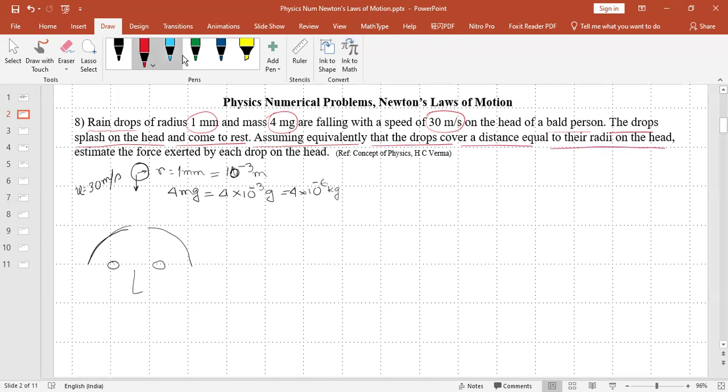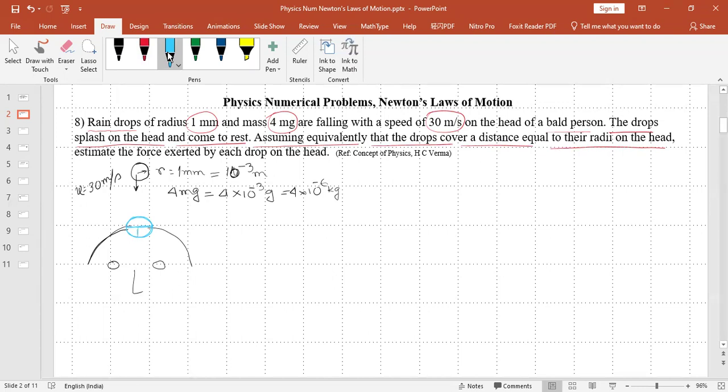That means the raindrop falls like this, and that raindrop covers a distance equal to its radius.